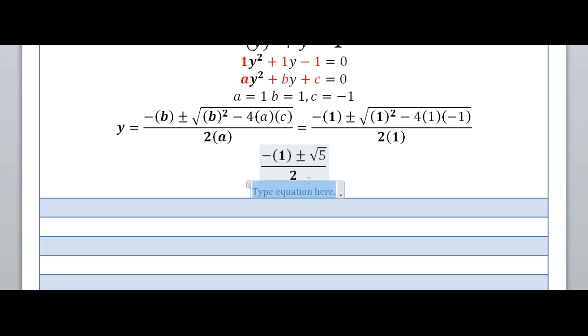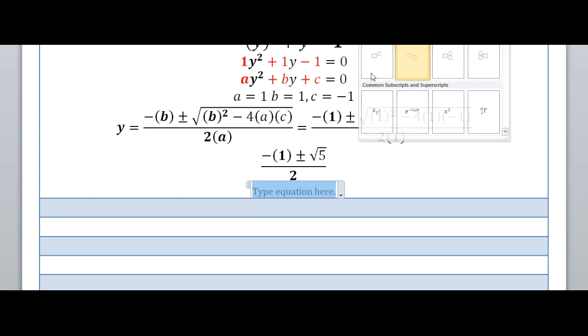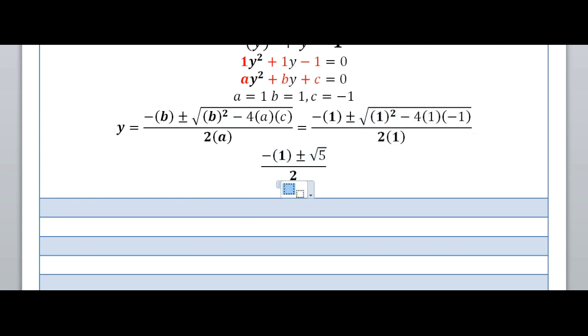So the first solution of y, we call y1. We have y1 equal to, we go to our equation.